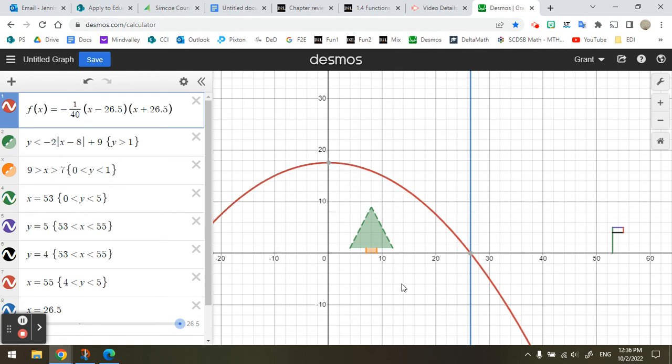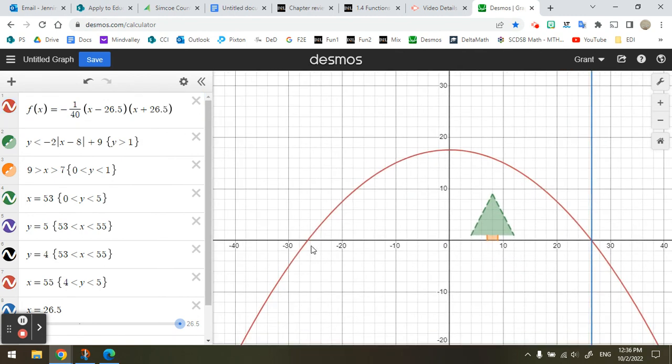And then we would have been hitting the ball from here. It would have gone up to there. We put the vertex on the y-axis, and then it came down there. That's a different function that we could have also been using. We would have had to move our tree over, but ain't nobody got time to move all that tree over there. This is how I drew the tree. You can figure that out on your own.